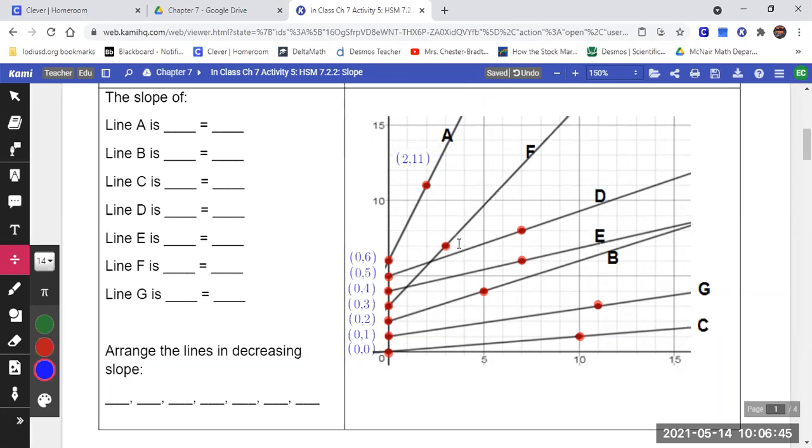We need all these other ones. We need F's dot, D's dot, E, B, all those dots. We need them all. What's that one? Make sure you tell me which line it's for. Okay, so line F is at 3, 7. Thank you.